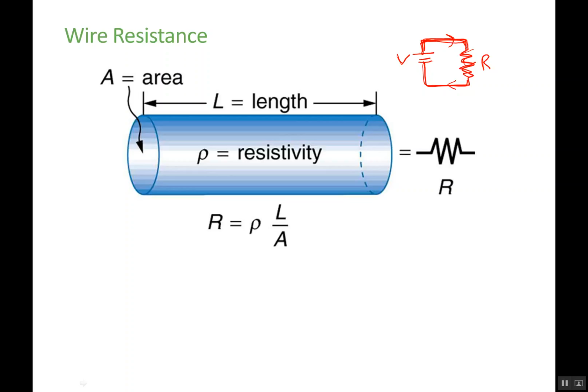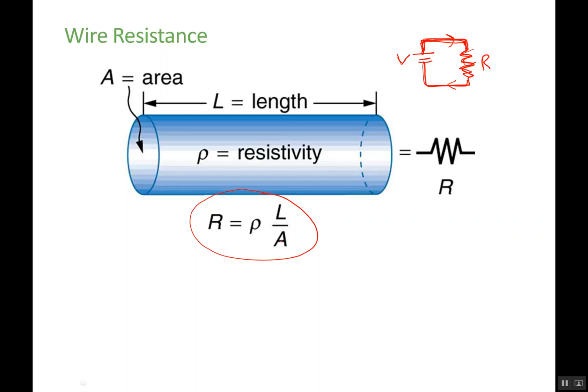So we usually ignore the resistance of a wire, but sometimes you need to know how much resistance a wire supplies to the flow of electricity, and we have a theoretical equation that allows us to estimate this. In general, the resistance of a piece of wire is proportional to how long the wire is, L. This should make sense: the longer the wire, the more resistance it has to the flow of electricity.